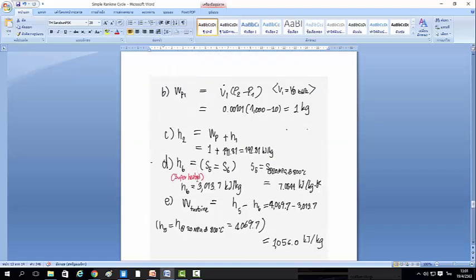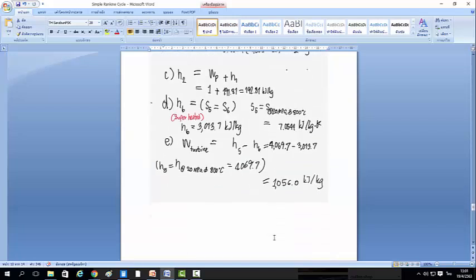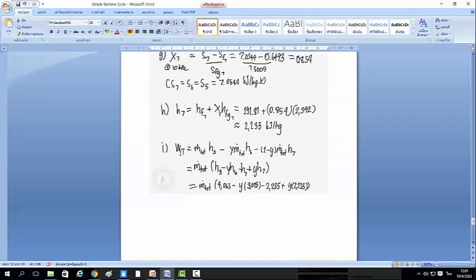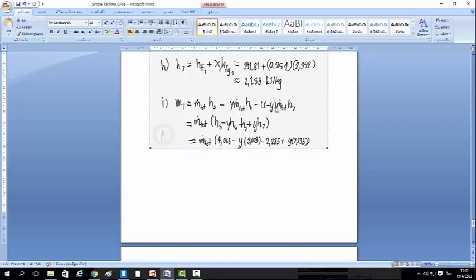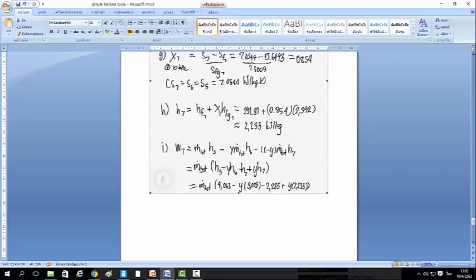And I, the mass flow rate of vapor. This is a little bit difficult, because we want to consider mass flow rate, since we have a feed water heater in the system.